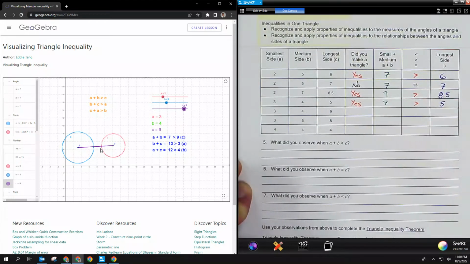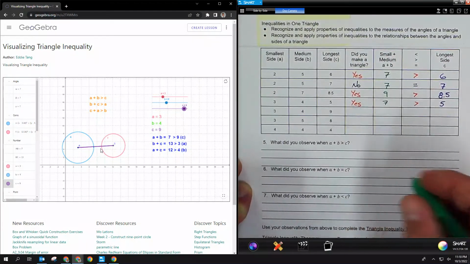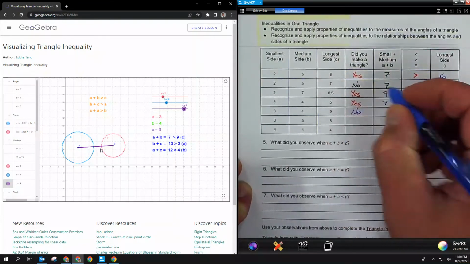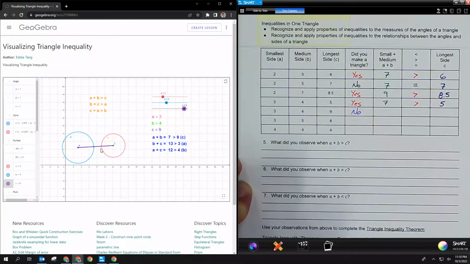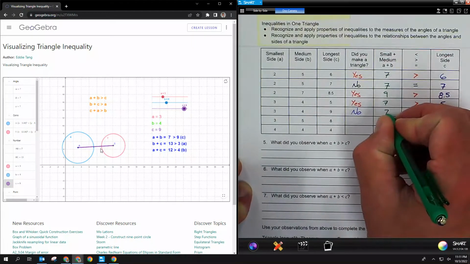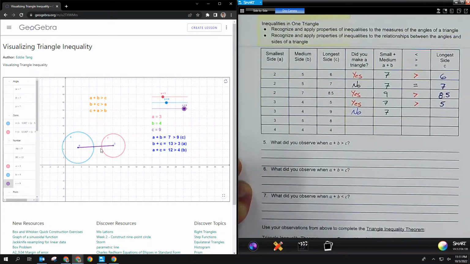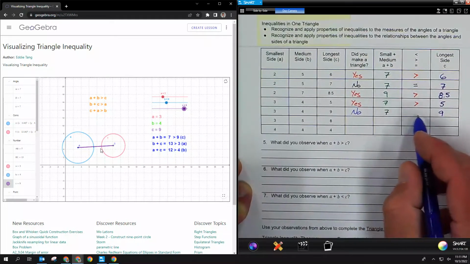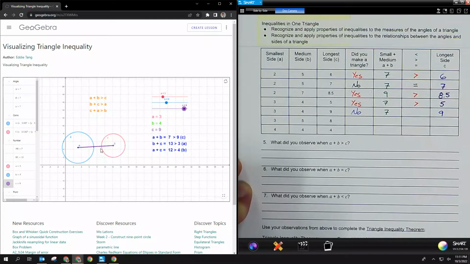So this does not form a triangle. 3 plus 4 is still 7. Our largest side is 9. 7 is less than 9.